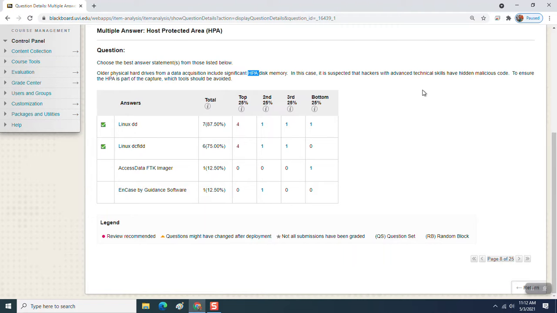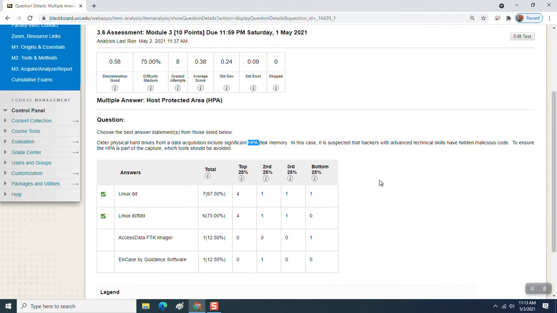But in this case, you want to capture the HPA disk images separately, and that's because you want to see what the hackers did with it. So these two tools would not be a proper choice given this scenario. So just remember, FTK Imager and Encase both can work with HPA. But DD and the other version of DD do not.